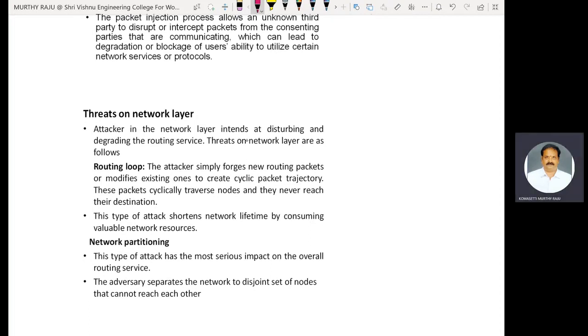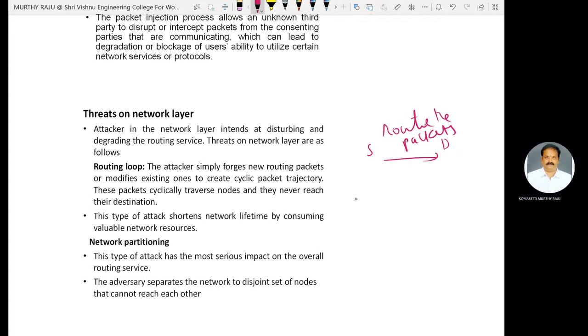Attackers in the network layer intend at disturbing and degrading the routing service. The main aim of the network layer is to route the packets, the information, from the source node to the destination node. Routing protocols are used to route the information from the source node to the destination node.